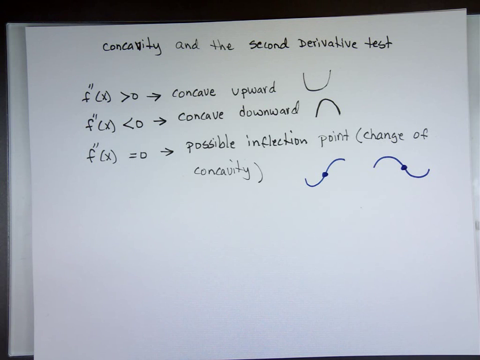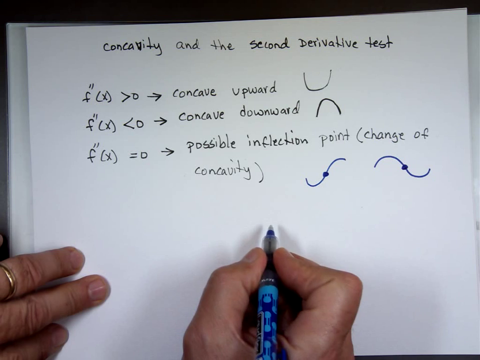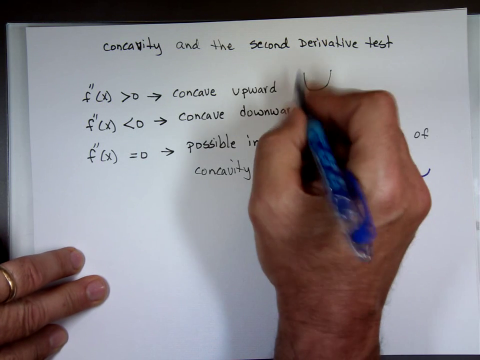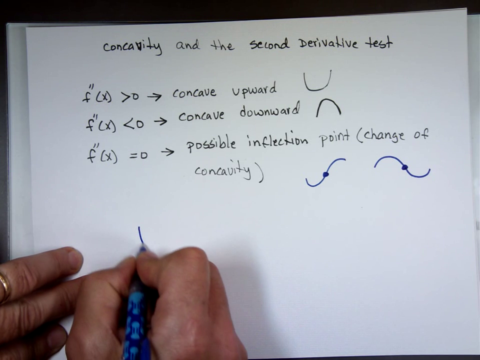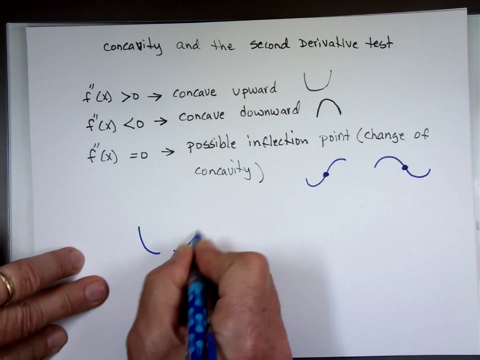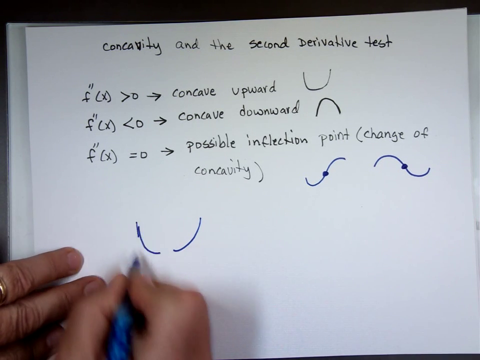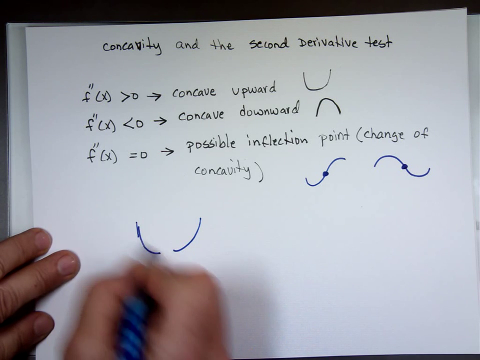So let's take an example. Actually, if you put the first derivative and the second derivative together, you'll have a better picture. Look at this piece of concave upward, and break it down into two parts. What's the story with this part? Is the function increasing or decreasing on this end?